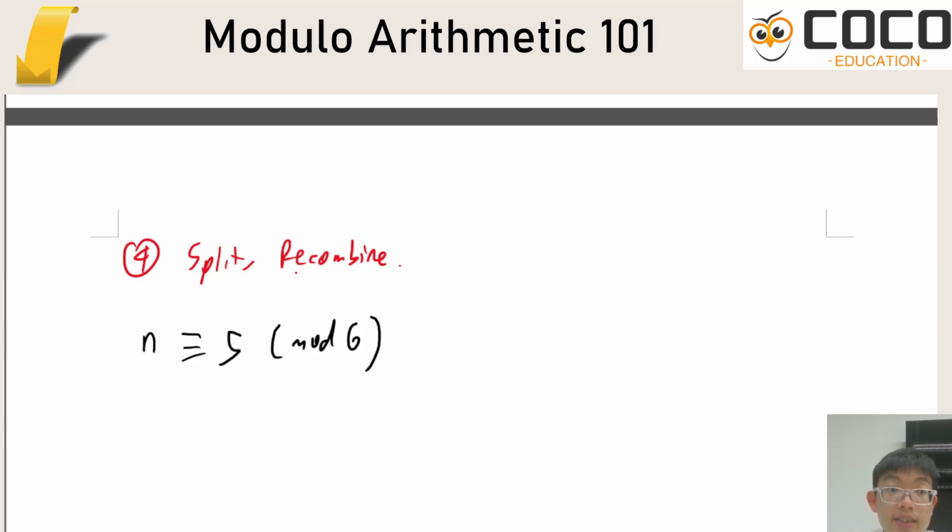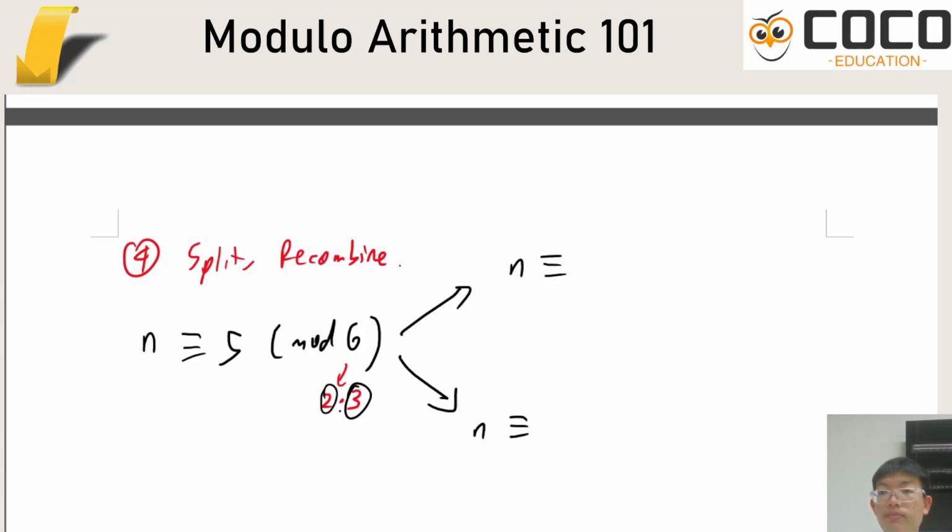Now 6 is equal to 2 times 3, which means that you should be able to then say what n is congruent to mod 2 and mod 3. Well, if n is congruent to 5 mod 6, that means that it is also congruent to 5 mod 2, which you reduce to 1 mod 2. It is also congruent to 5, which is 2 mod 3.